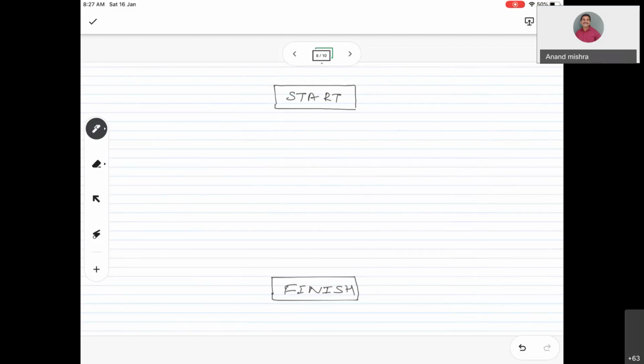Start is a state, or an operation, you can say. So no, for start there is no precondition. The precondition is empty, nothing is there for a start. For finish, there is some precondition.